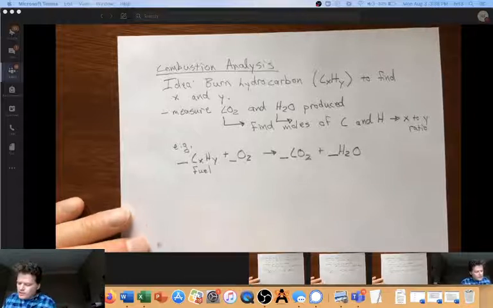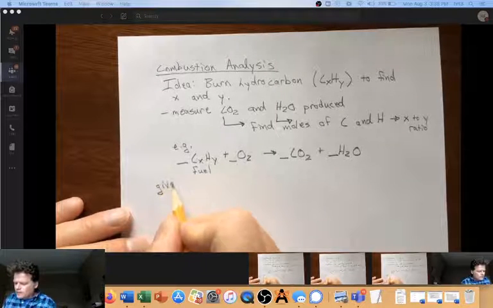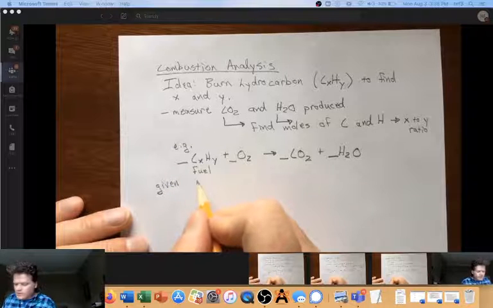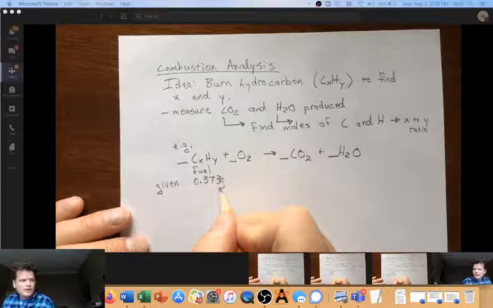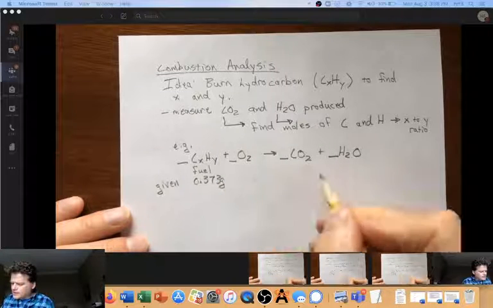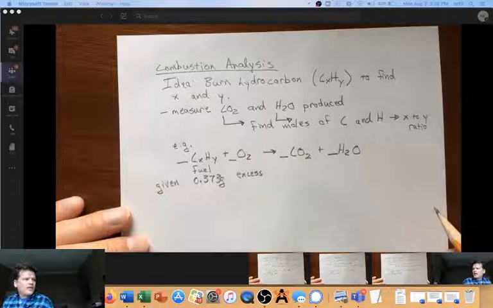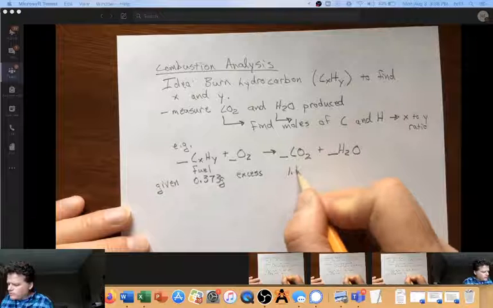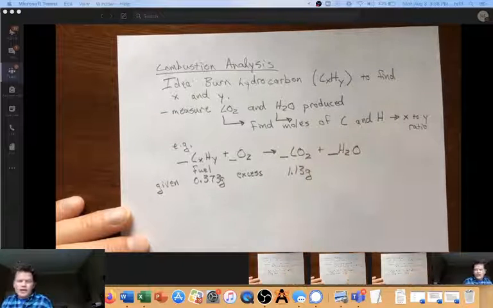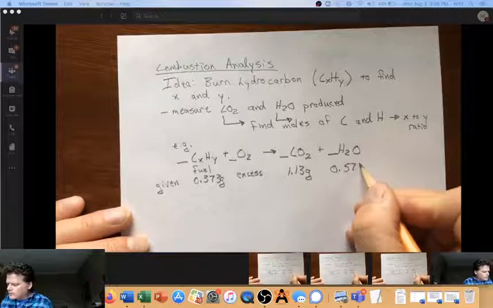Let's say we're given a certain mass of fuel, so maybe we start with 0.373 grams of fuel, and then we add excess, in other words, plenty of oxygen. Out the other side, we measure our mass here and get 1.13 grams, and we measure our mass here, 0.578 grams.